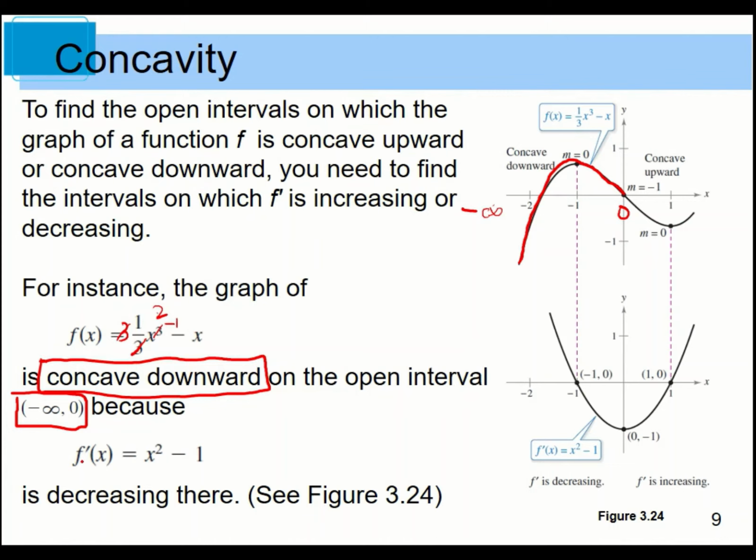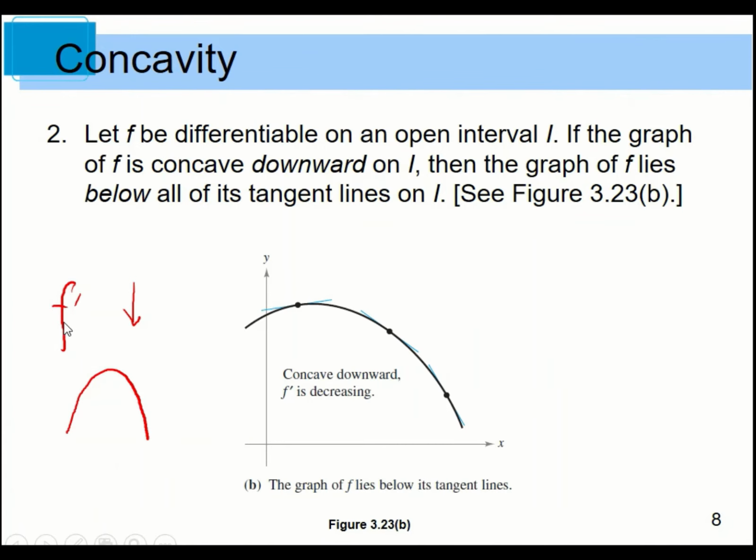Now if we sketch the first derivative graph, x squared minus 1, together with this, we can see that when the curve is concave downward, the graph of the first derivative is decreasing. As we mentioned earlier, when the graph of f prime is decreasing, we have a concave downward curve.